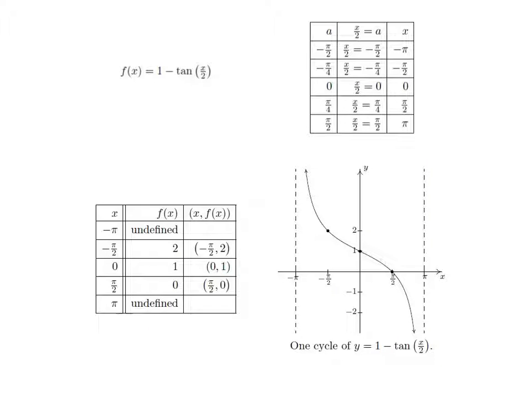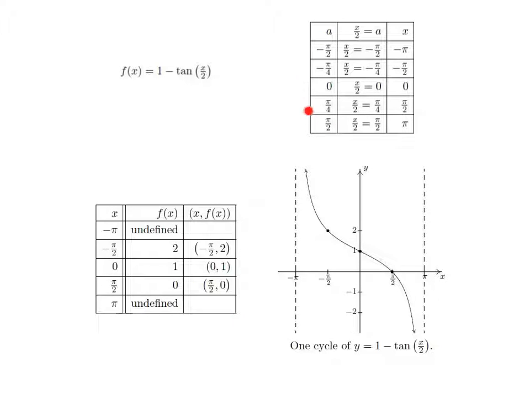Looking at a specific example, again we see the basic process this book uses. However, we have a little bit different x values to use. The key points for the regular tangent are negative pi halves is an asymptote, negative pi fourths, 0, pi fourths, and pi halves is an asymptote.